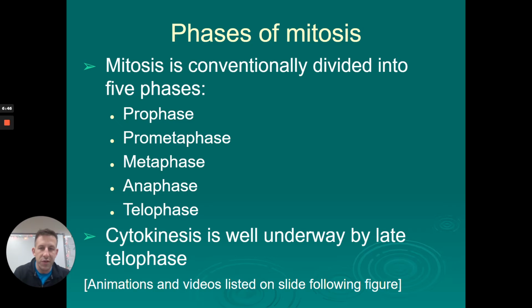I've always known it as PMAT: prophase, metaphase, anaphase, and telophase. And if you want to incorporate prometaphase, you're more than welcome to do so. But you'd have to grow a really long beard and get some mustache wax and things like that. So cytokinesis is the final stage of the mitotic phase, and we'll talk about that a little bit as well.